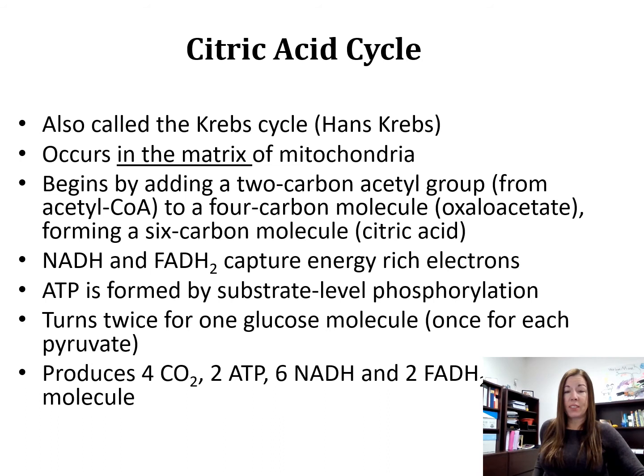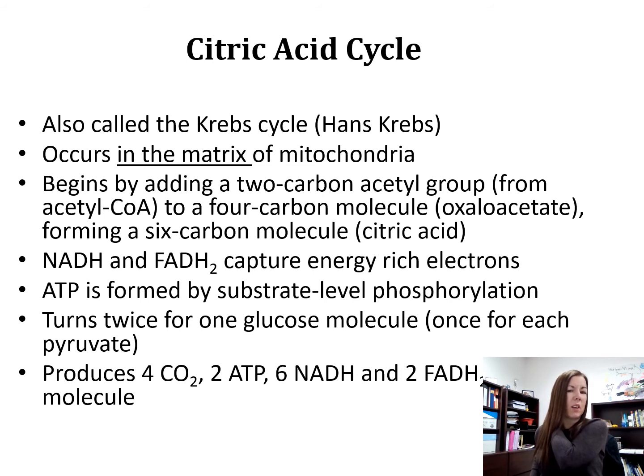In the citric acid cycle, you're able to utilize NAD and FAD to pick up electrons. They get reduced, so they gain hydrogens and electrons, essentially, so they can take those to the electron transport chain. You do make ATP, and you actually turn twice for one glucose molecule, or it makes sense, once for each pyruvate molecule.